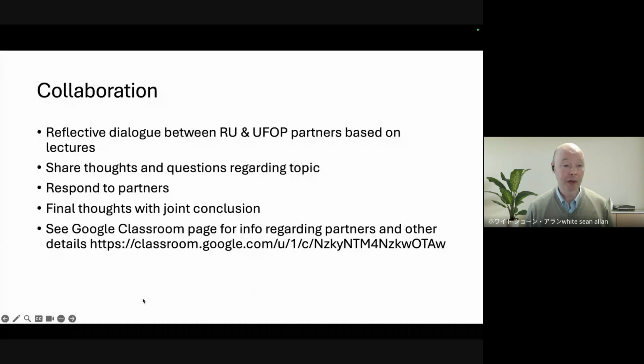Some kind of collaborative reflection, a dialogue between Ryukoku and UFOP partners based on the lectures, where you have a chance to write down your thoughts and questions. You've started that today, so great. Share your thoughts and questions with your partners, then have your partners read and respond with their own thoughts, and then share final thoughts and a joint conclusion.